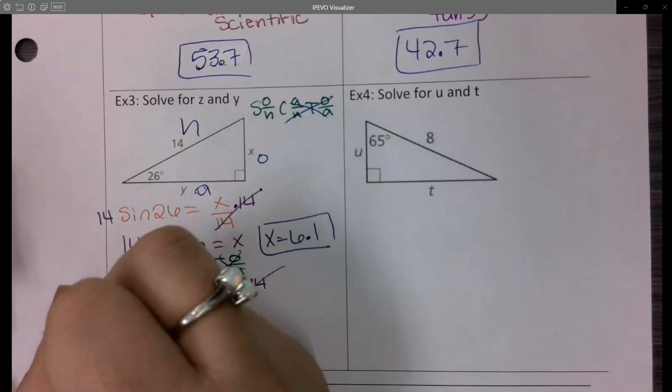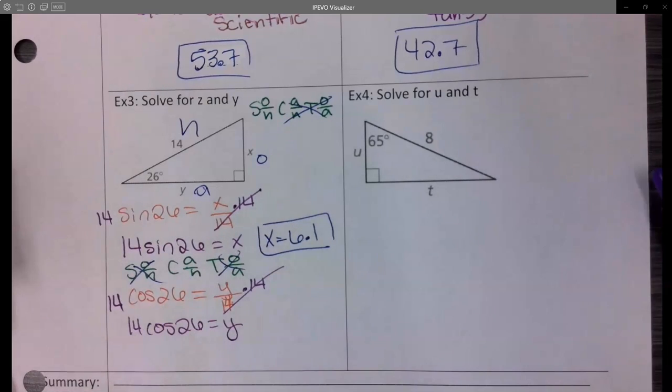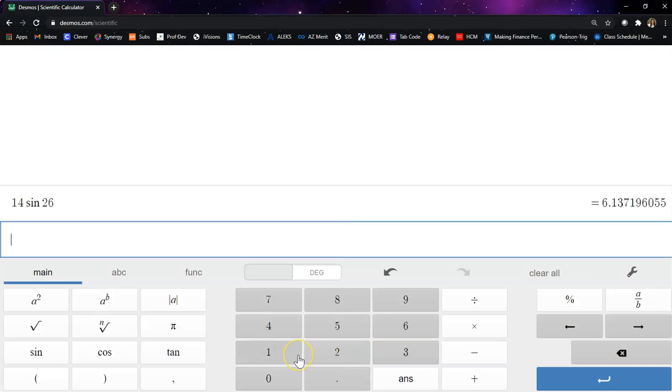Which is going to give me 14 cosine 26. Then I want to go ahead and go to Desmos. Which gives me 12.6.